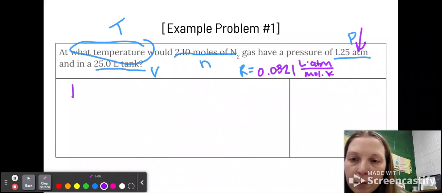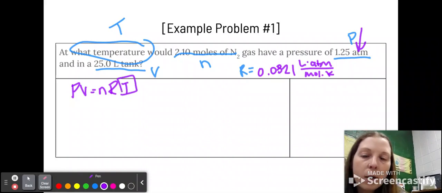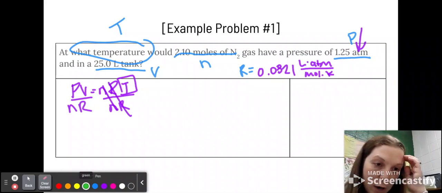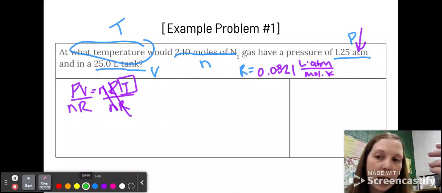So we've got PV equals nRT. We're solving for T because that's what we want, and to do that, we've got to get rid of nR on the same side. Now we can plug in the values and units that we've got so we can cancel them.